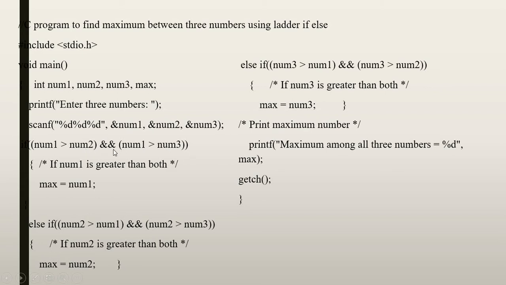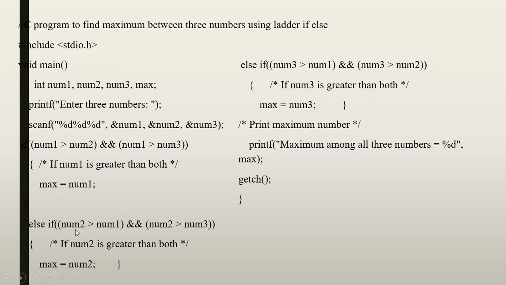Now if both the conditions are satisfied, that is number 1 is greater than number 2 as well as number 1 is greater than number 3, then only it will print number 1 is the largest, which is stored within the max.